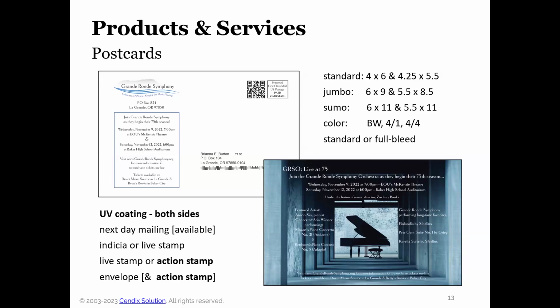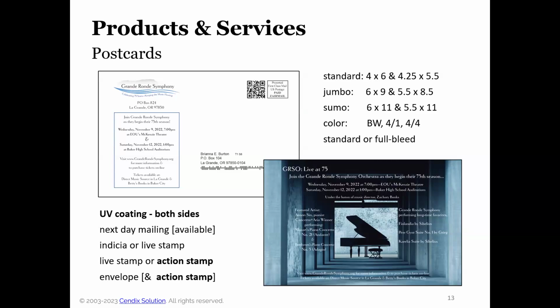So the most popular postcard we see today is a jumbo postcard in 4/1. That's when you look at the line here where it says color. With postcards, we can choose black and white both sides, what we're calling 4/1, which is black and white one side, four colors the other side. In the printing world, four color means full color, right?